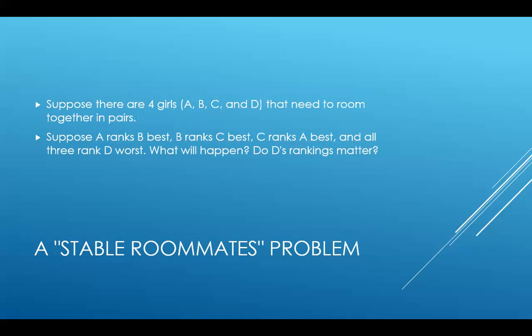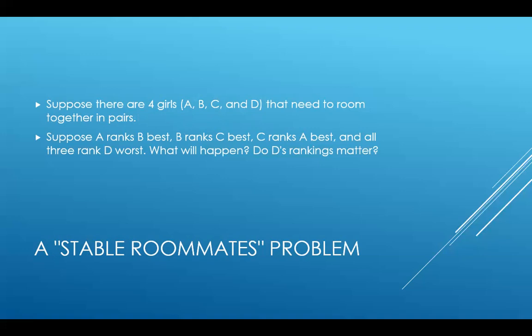What will happen no matter what you do? So think about it. What if A goes with B? Then what would we have to do with C and D? Right, if A and B are together, C and D would have to room with each other.